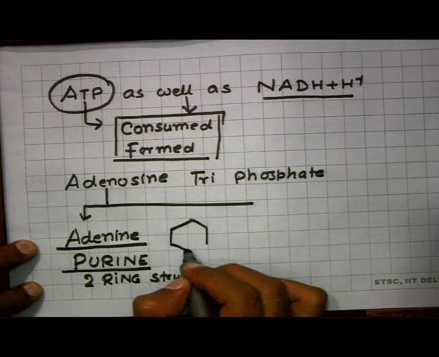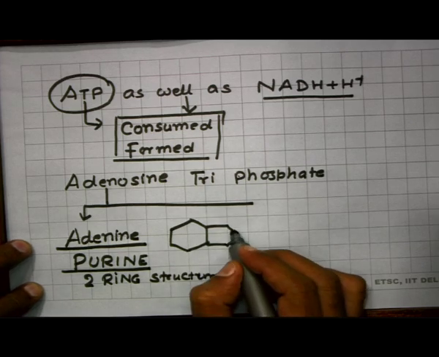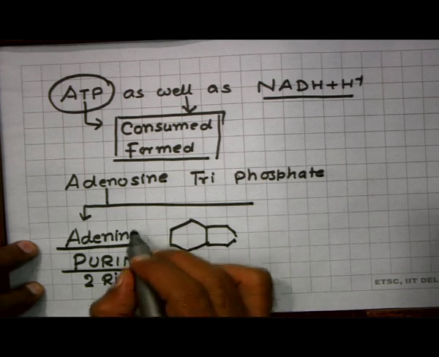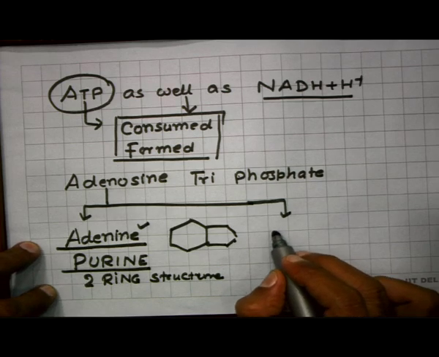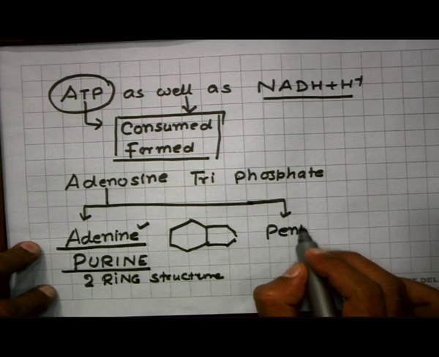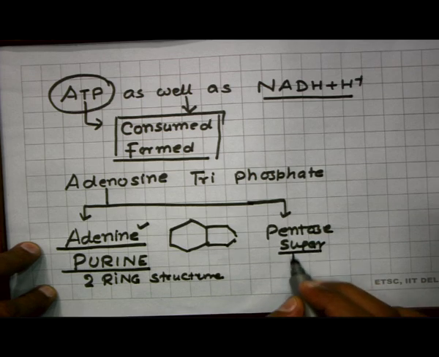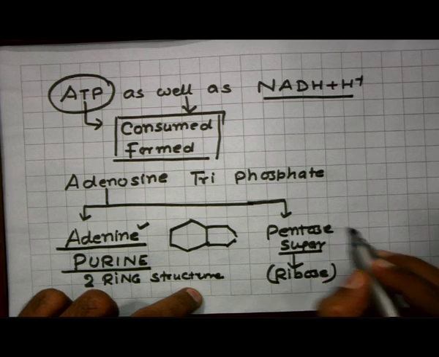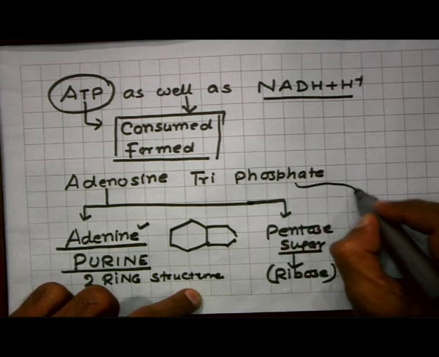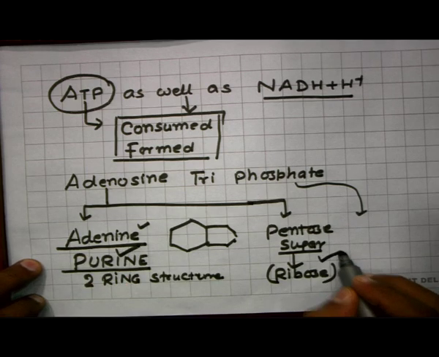One ring and another ring, two ring structure, and it combined with the pentose sugar, that is ribose, or it may be deoxyribose, and it forms adenosine, adenine plus ribose sugar.